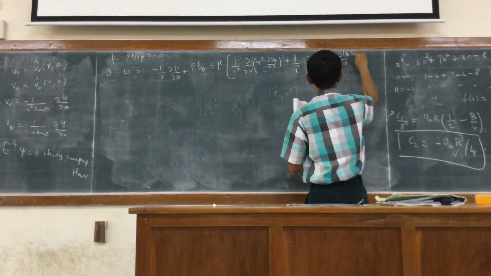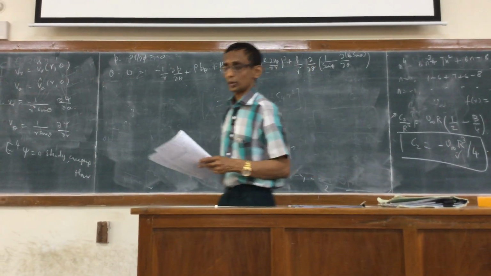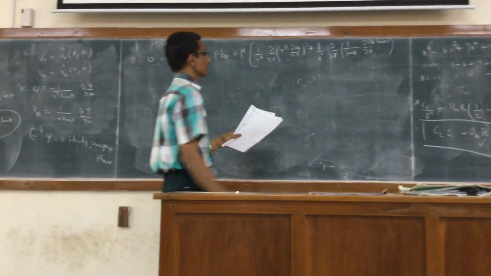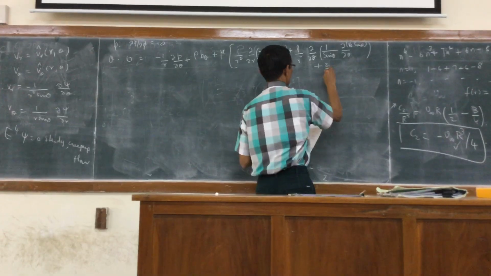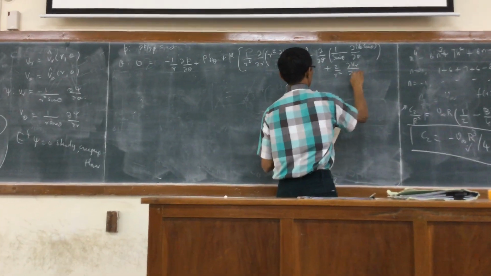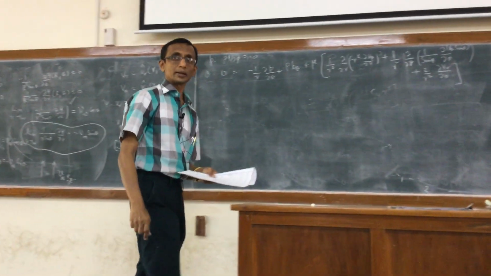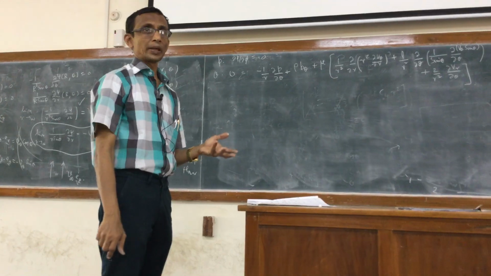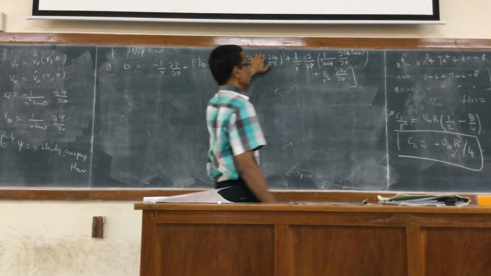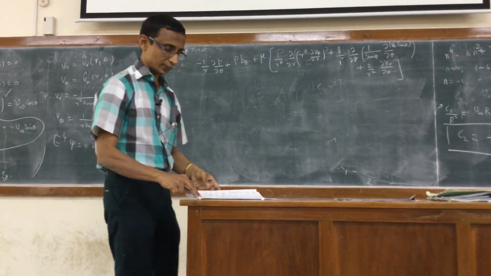In contrast to the one-dimensional case, where hardly one of the terms alone would come into play, here you can see that in spherical polar coordinates three of the terms will contribute to the viscous term. All of these you cannot really make 0 just like that. V theta is a function of r and theta, and Vr is also a function of r and theta.